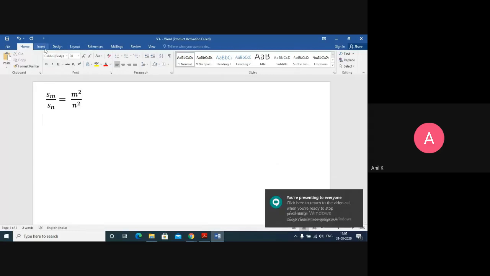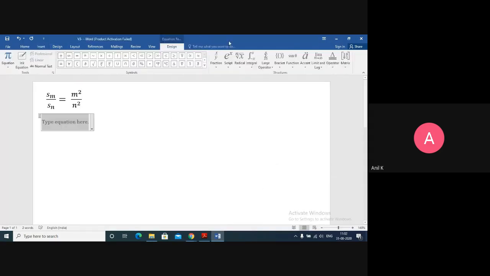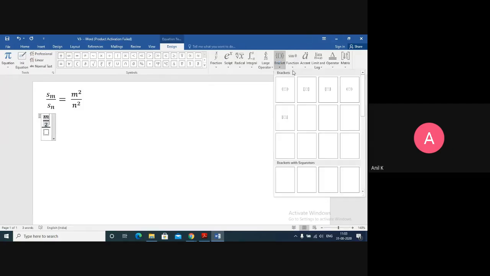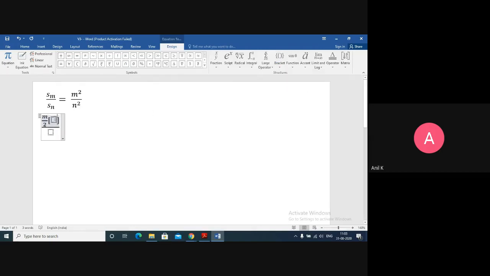So I'll write the formula for Sm. What is the formula which we have? m upon 2 into 2a plus m minus 1 into d. This is the Sm formula.